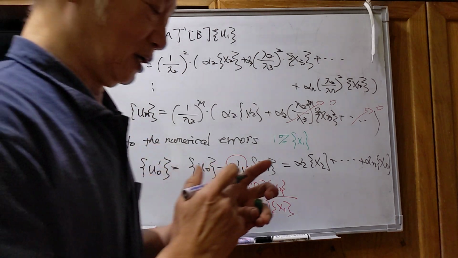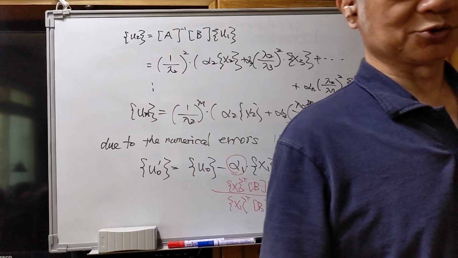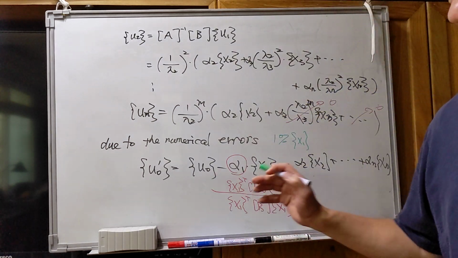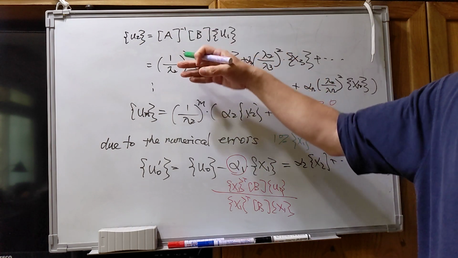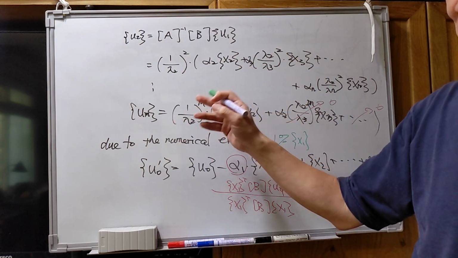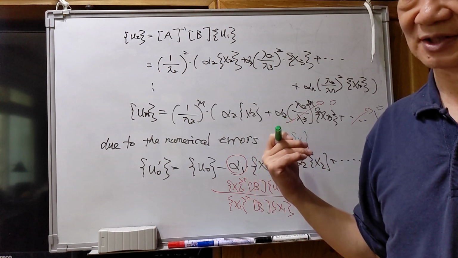Even if it is a very small portion of x1 remaining in u0 prime, if you iterate, the results will approach x1, not x2.